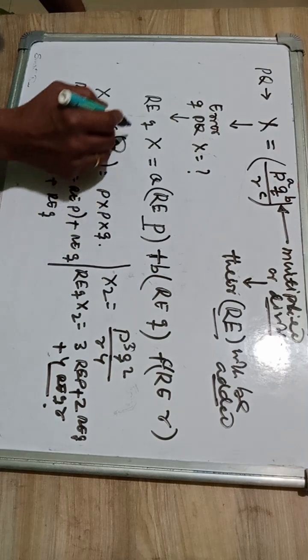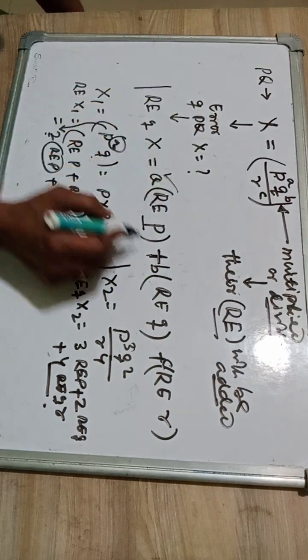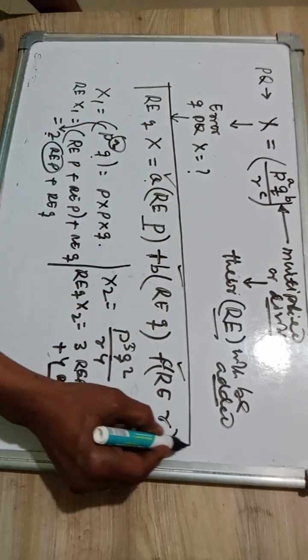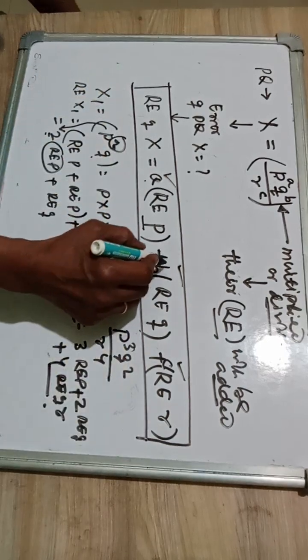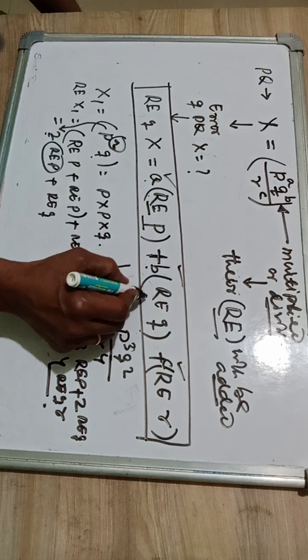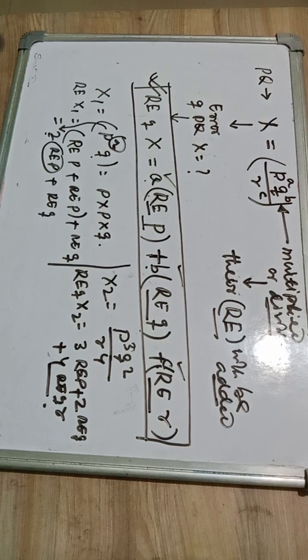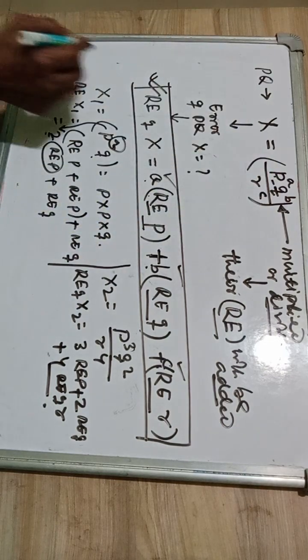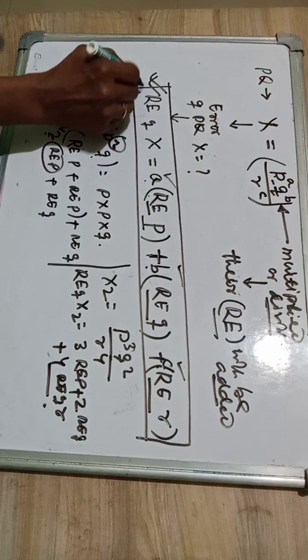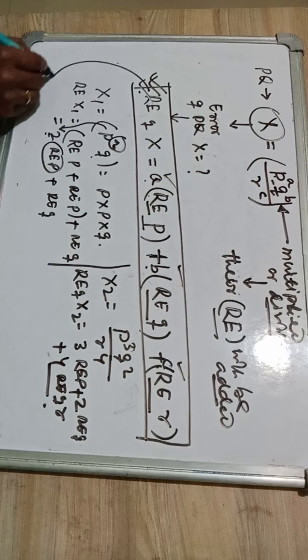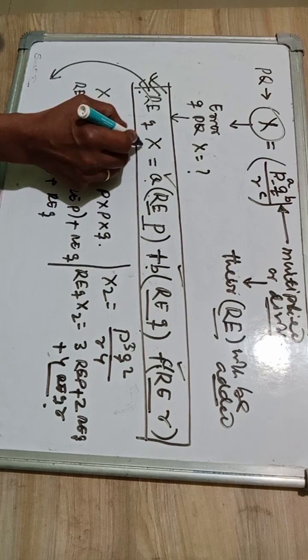Now it shows that if powers are a, b and c, then their relative error will be a times relative error of P, b times relative error of Q, c times relative error of R. And we know relative error can be expressed in percentage error simply by multiplying by 100.